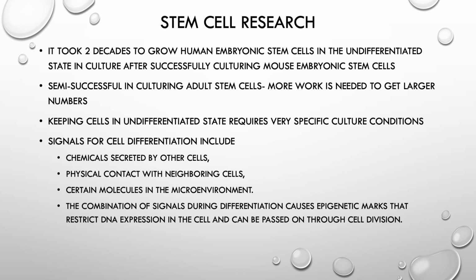The combination of these signals during differentiation causes epigenetic marks, or changes in the way the DNA is regulated, and this will restrict DNA expression in the cell. This can then be passed on to daughter cells through cell division and can lead to cell differentiation.